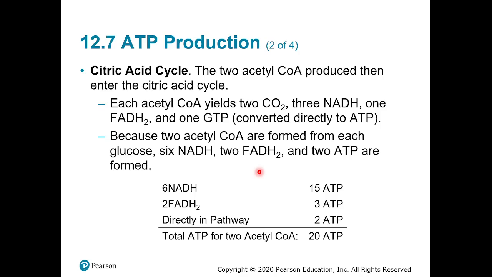So we double those numbers. And what we see is we get 6 NADHs producing 15 ATP, 2 FADH2s, 3 ATP, and then the direct results of those 2 GTPs being 2 ATPs. So the total for our 2 acetyl-CoAs in the citric acid cycle, that is 20 ATP worth of energy.